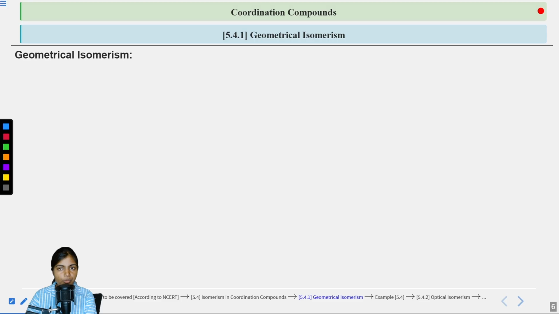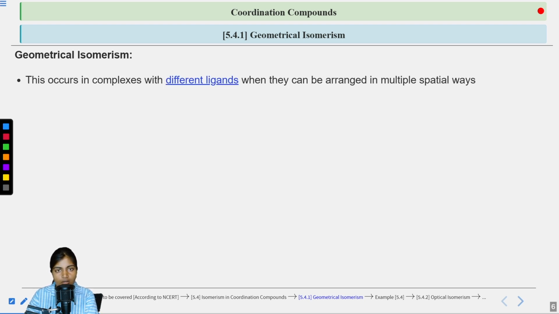Let's begin with geometrical isomerism first, which comes under stereoisomerism, right? So our subsection 5.4.1. This occurs in complexes with different ligands when they can be arranged in multiple spatial ways.